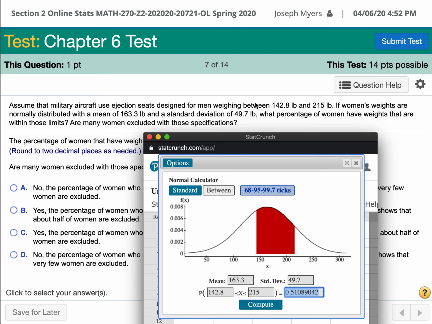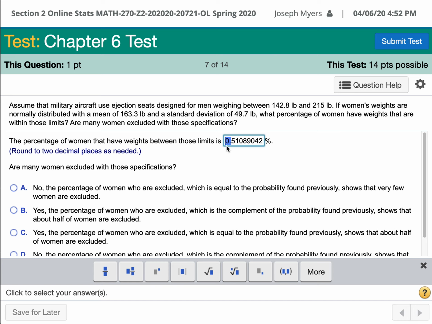So move the decimal point over, then round it off to 2 decimal places. The 51.08 becomes 51.09. So about 51% of women have weights between those limits of the ejection seats.